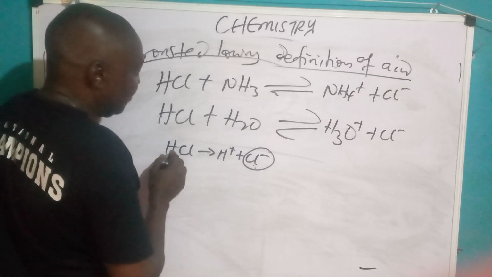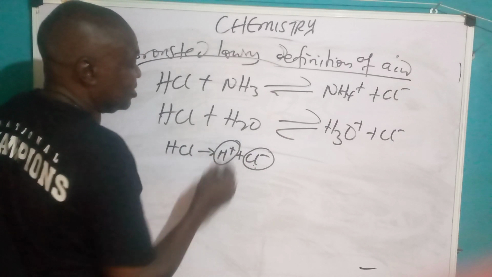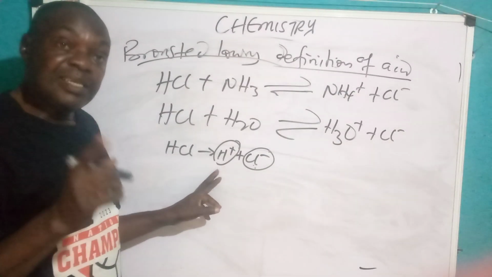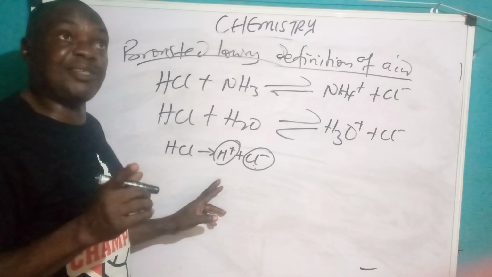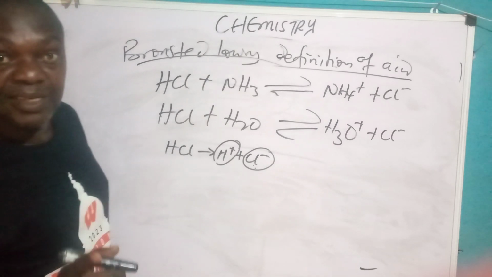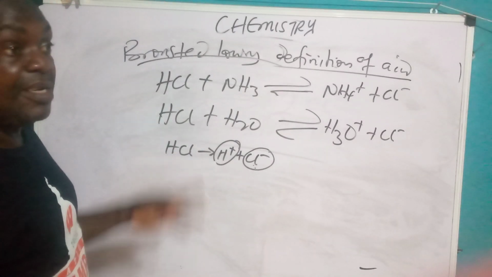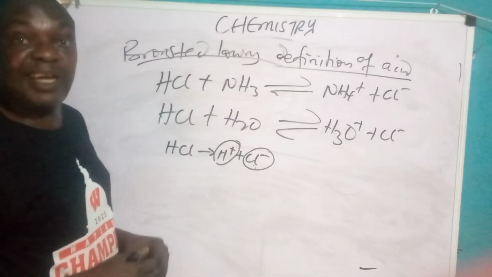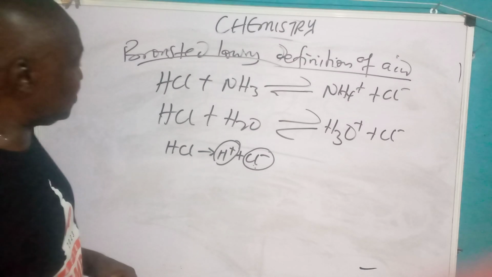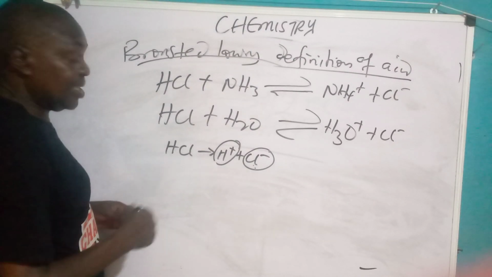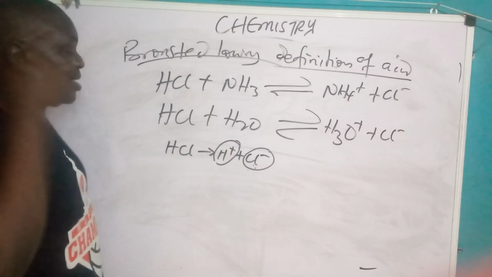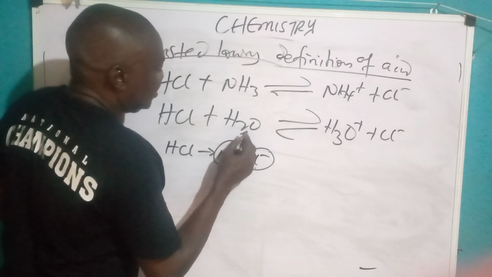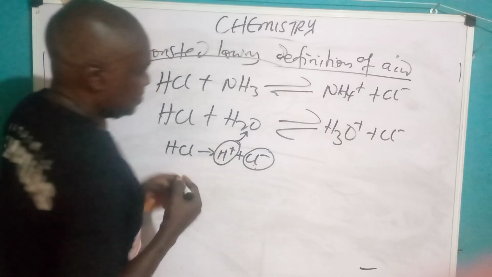It has taken the electron of hydrogen, making this hydrogen to have no electron. But remember, even though it loses its electron, the atomic number still remains 1. It does not affect the atomic number because it's equivalent to the number of protons. But the one electron is used for chemical reaction. We call it the external electron, the electron in the outermost shell, the valence electron. So this one that has lost its electron is what it now adds to this to give H3O+.